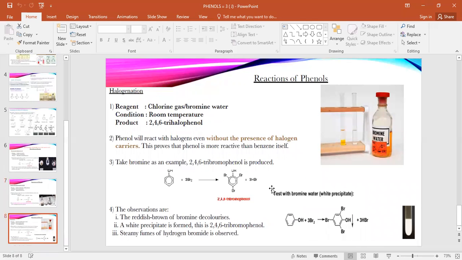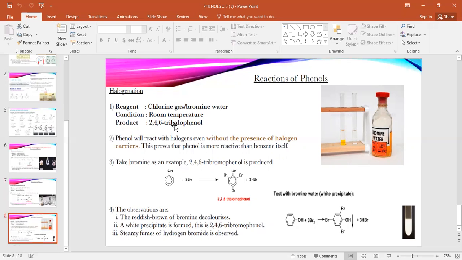The third reaction, halogenation. You studied halogenation by substitution, halogenation by addition, halogenation by side chain. Today we have halogenation for phenol. So what is the reagent? Chlorine gas or bromine gas, the condition is room temperature, and your product is 2,4,6-trihalophenol.